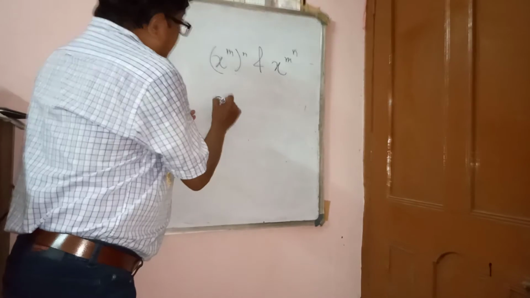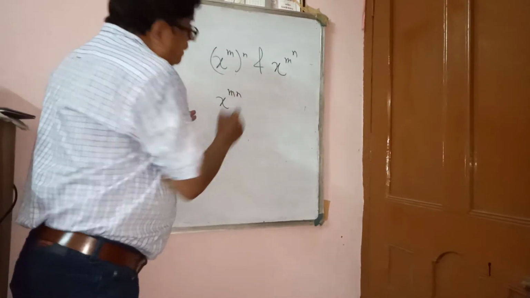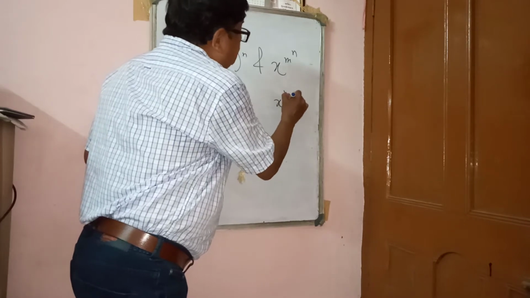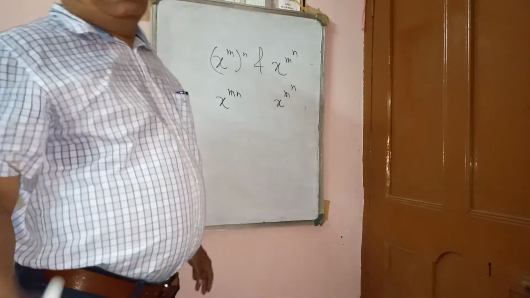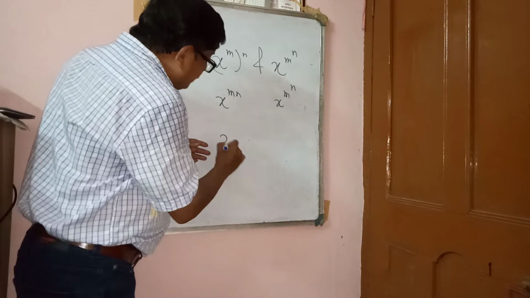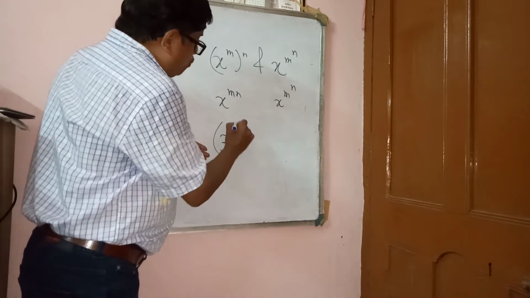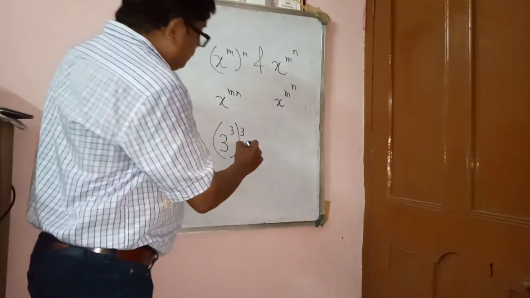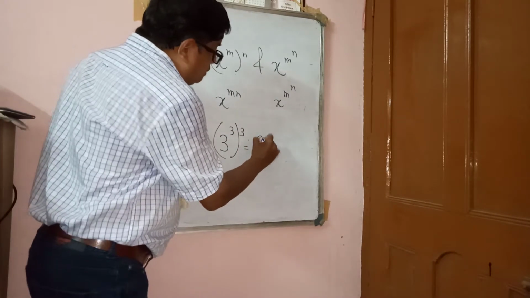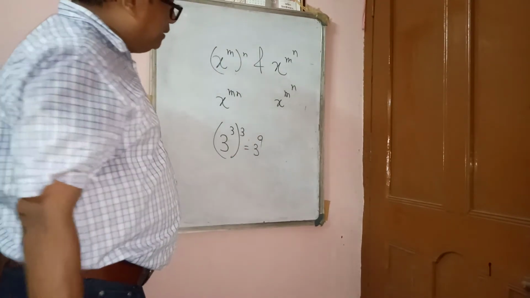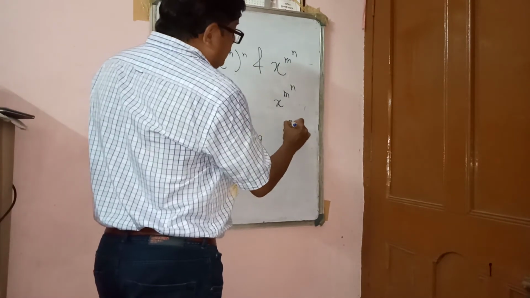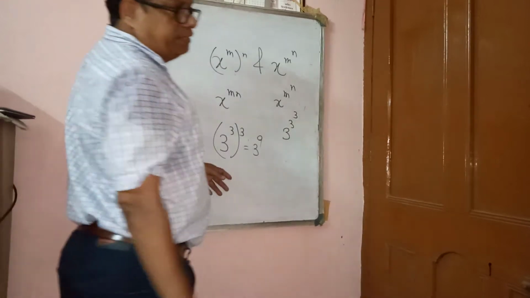Here it is x to the power mn, and here no change, x to the power m to the power n. Suppose 3 to the power 3 whole to the power 3. Okay, so this value will be 3 to the power 9.